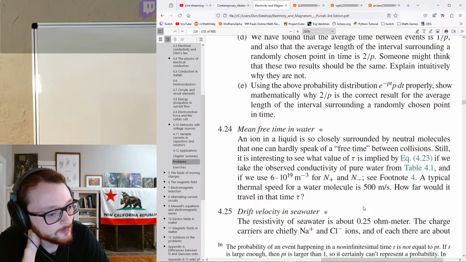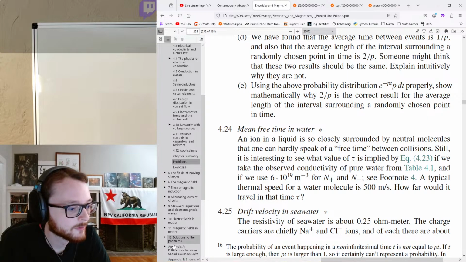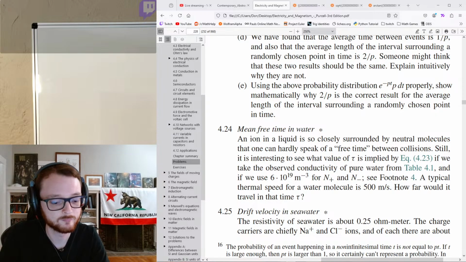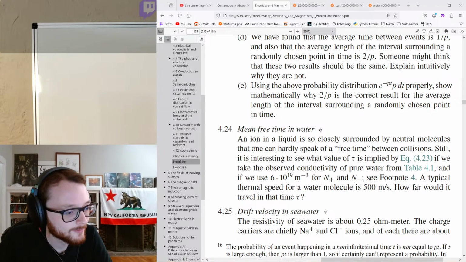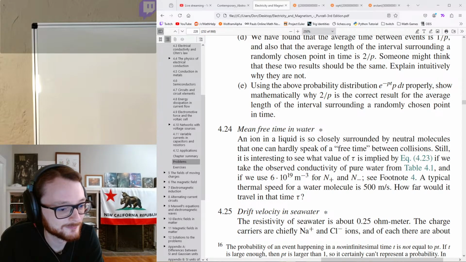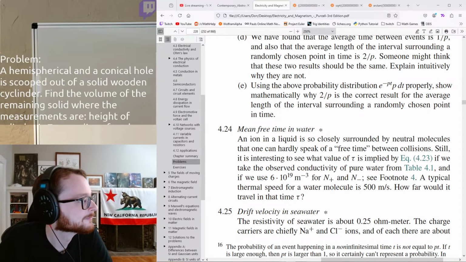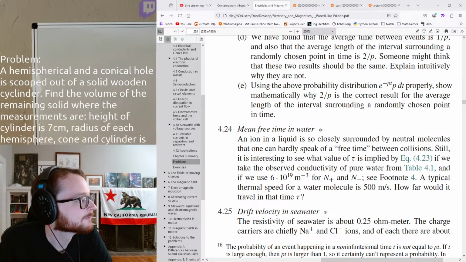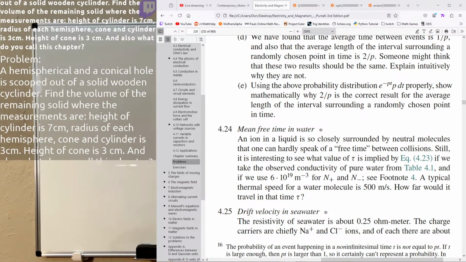A spherical and a conical hull is scooped out of a solid wooden cylinder. Oh, I don't need that last sentence, do I? There we go.